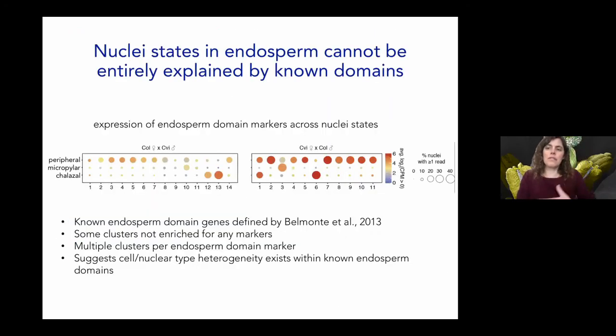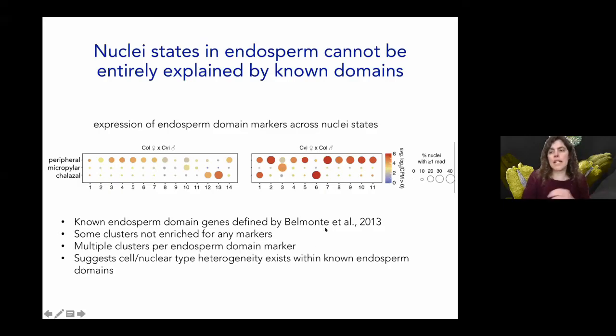So much as Bert was telling you, we want to understand, okay, what are these clusters? Do they actually represent different nuclei types or cell types in some cases? So we took advantage of a very nice data set that Bob Goldberg and John Harada's lab had published several years ago, where they did laser capture microdissection on the 3 different domains in the endosperm, and that was published in this paper in 2013.